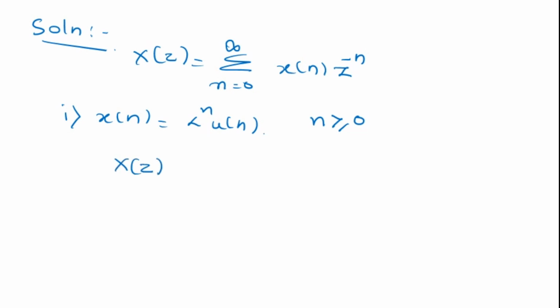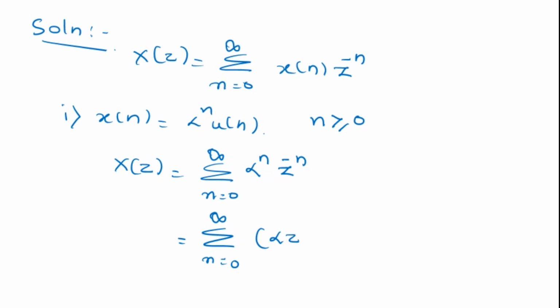Therefore, x of z is equal to summation n is equal to 0 to infinity alpha to the power n into z to the power minus n, which is equal to summation n is equal to 0 to infinity alpha z inverse to the power n, so x of z is equal to 1 divided by 1 minus alpha z inverse.